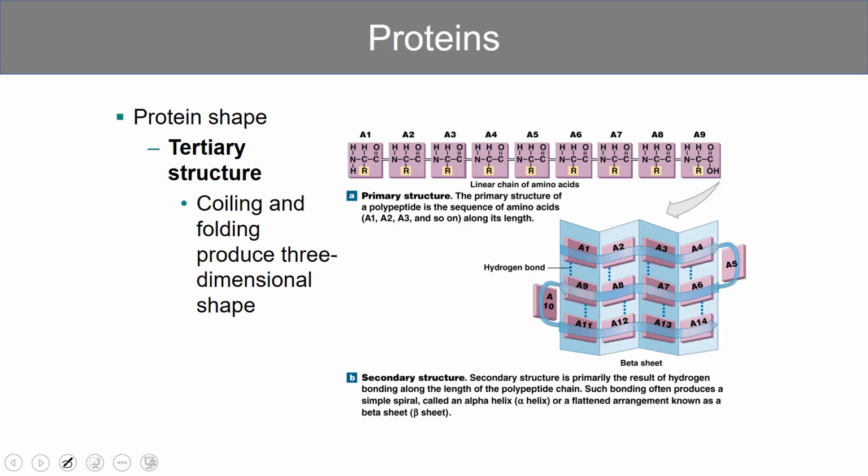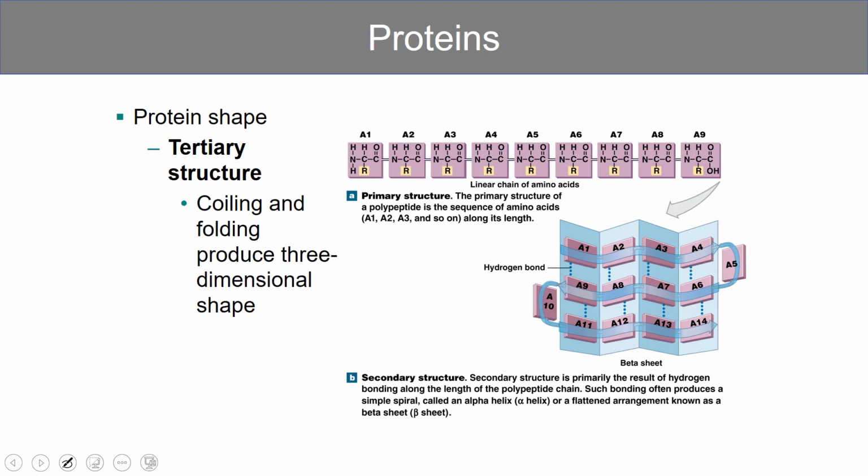The tertiary structure is when you get further folding and you get more of a three-dimensional shape. And tertiary structures are due to the chemistry of the R group. So let me just sort of dictate this.